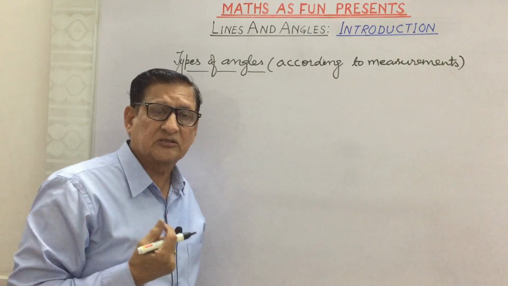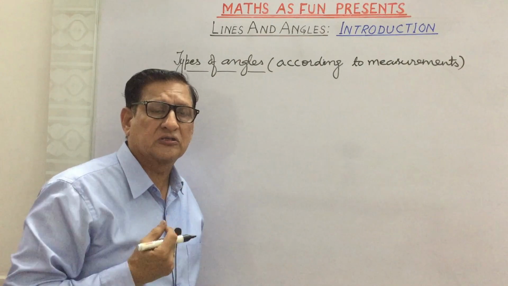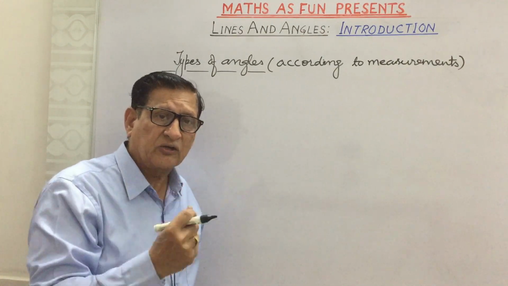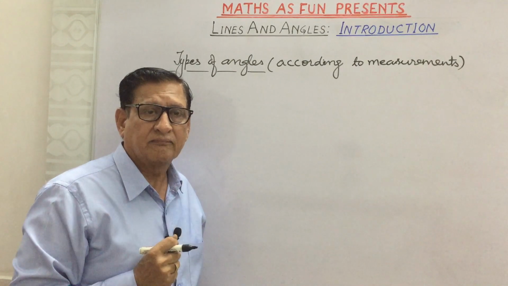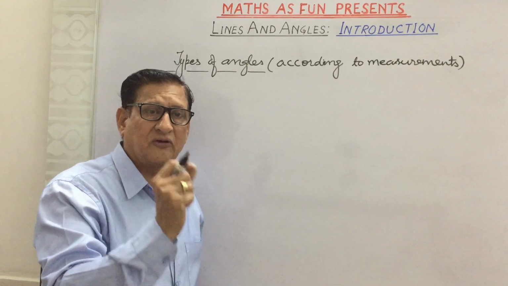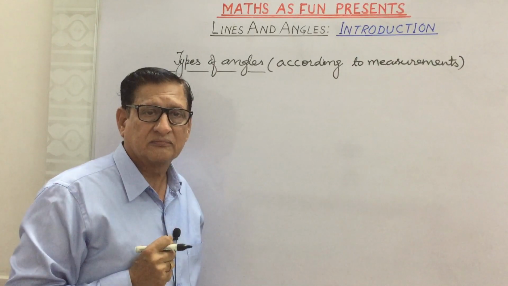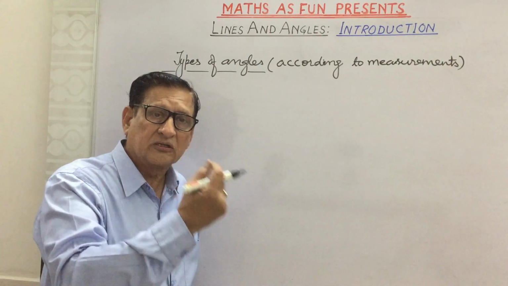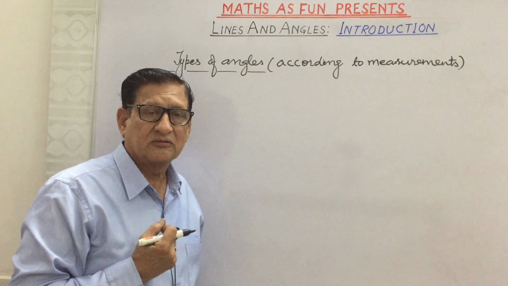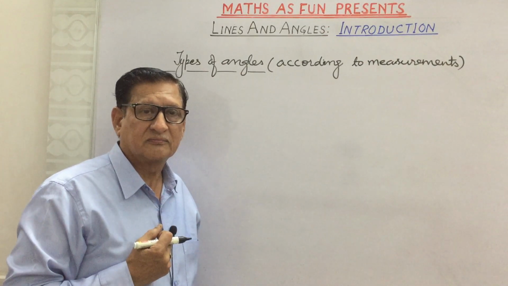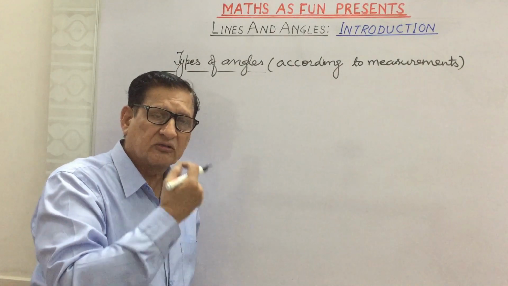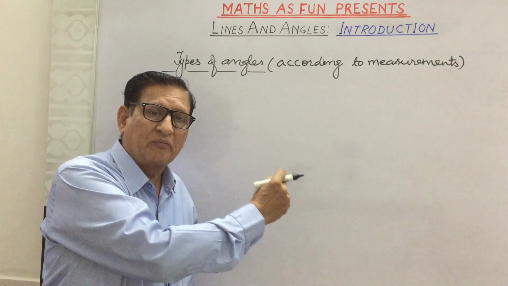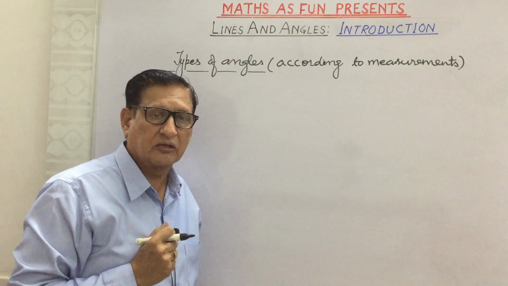We have some other systems of measurement of angles also, and that you can learn in my video on trigonometry, that is systems of measurements of angles. We have the other units, radians and grades. So here we are discussing only degrees, and we have generally 5 types of angles, but we will be discussing 6 types of angles here.